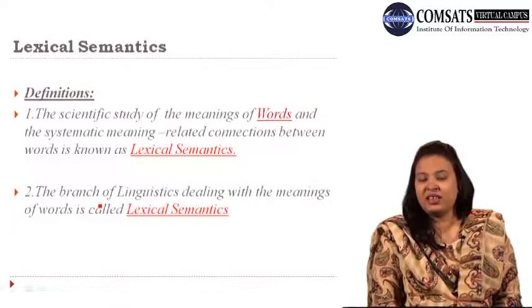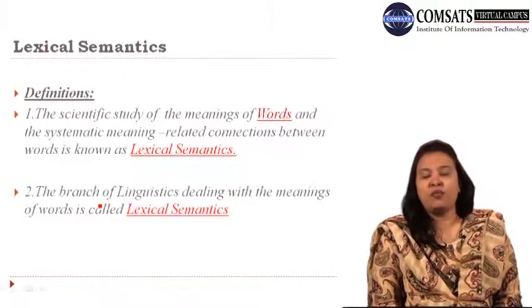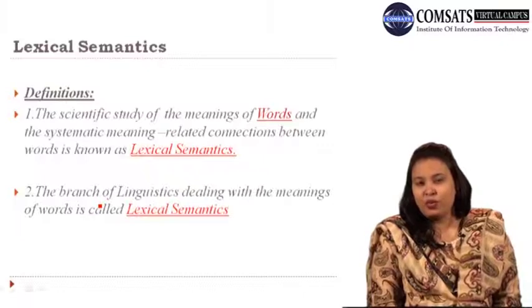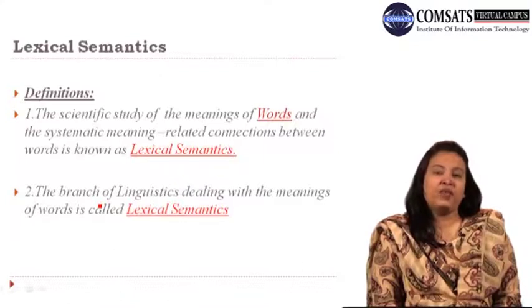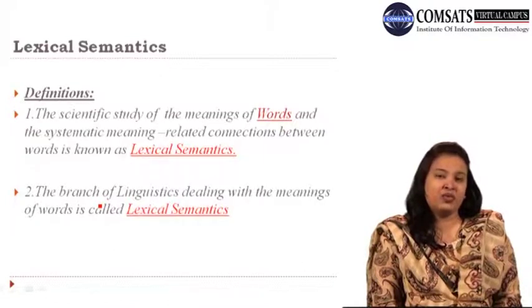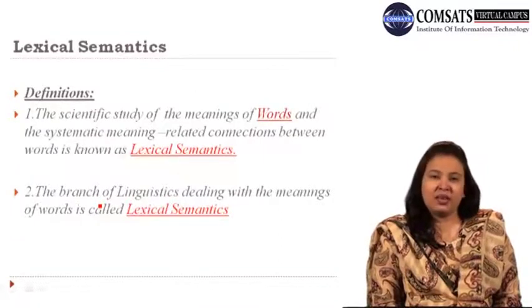Another definition of lexical semantics is the branch of linguistics dealing with the meanings of words, and I would like to add morphemes as well. The branch of linguistics which deals with the meaning aspect of words and morphemes is known as lexical semantics.